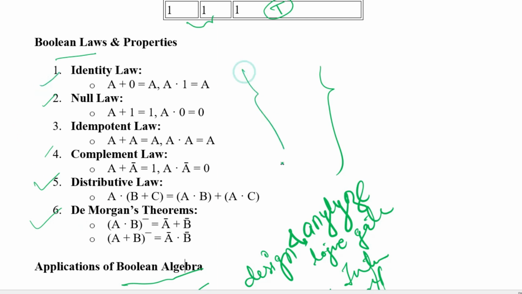We will try to prove these laws one by one and try to use these laws to reduce and solve our Boolean expressions.